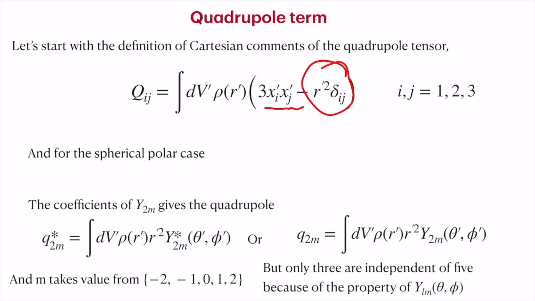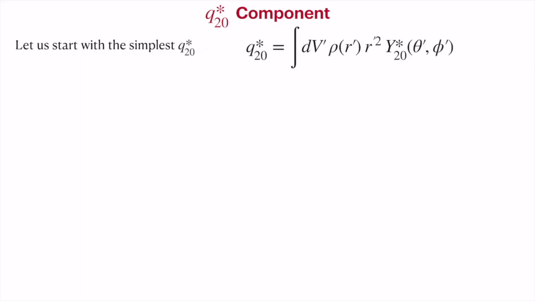We could name them conveniently, but let's go ahead with the first component, that is Q star 2 0. One can define Q 0 2 also. There is no reason to do it one way or the other. So the basic definition is given by the density multiplied by r square.